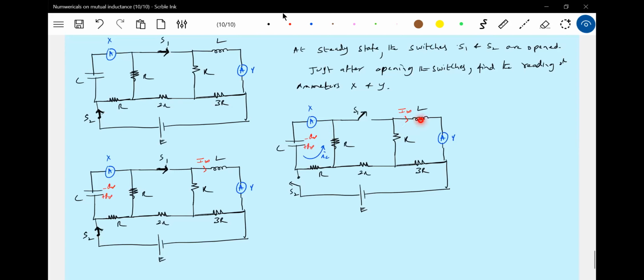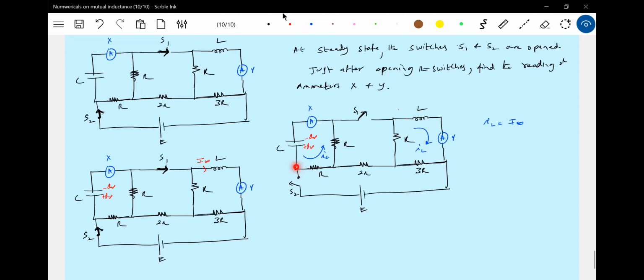The flux across this coil starts collapsing, then there will be an induced current, and the induced current will flow in the direction of the initial steady state current. I'll write it as I_L. So what is that I_L? I_L should be called I infinity only. Same direction, but here it will be different.